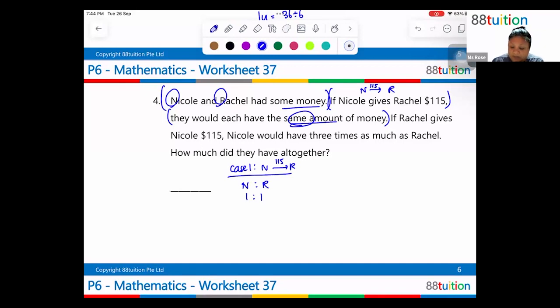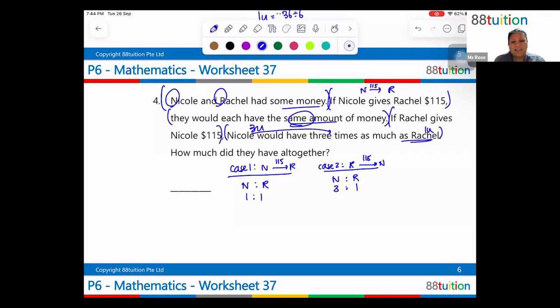Now, from here, if Rachel gives Nicole, now the opposite happens. When Rachel gives Nicole $115, Nicole would have 3 times as much as Rachel. Now, in both situations, Nicole gave to Rachel and Rachel gave to Nicole.